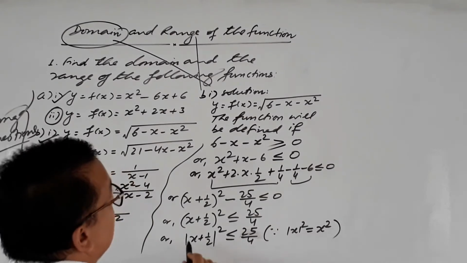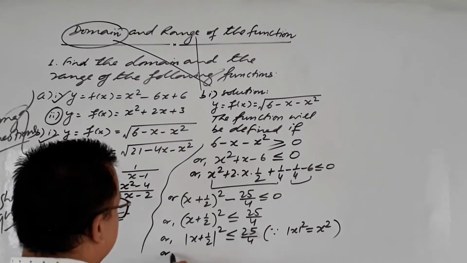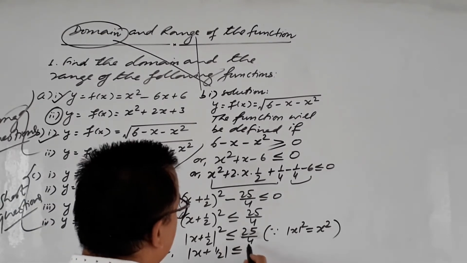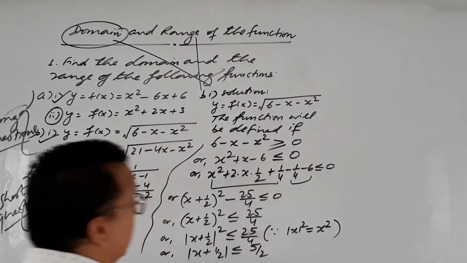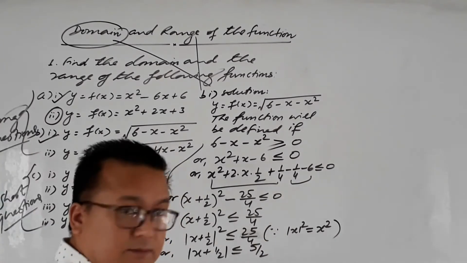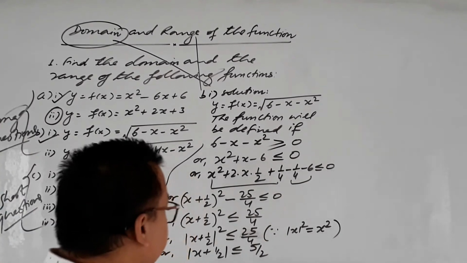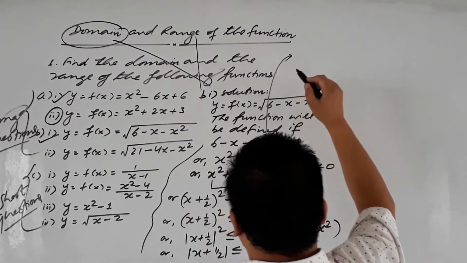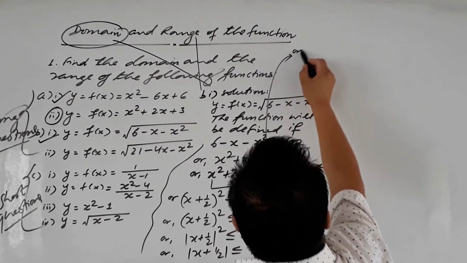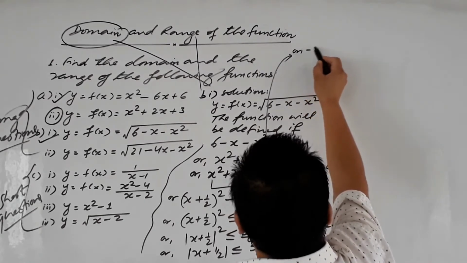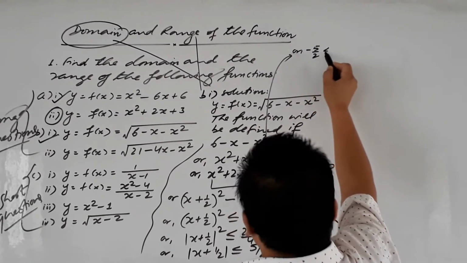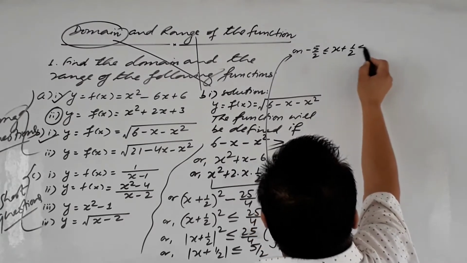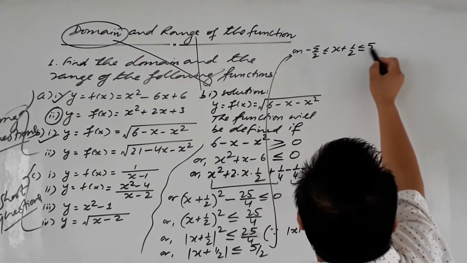After this we can write the absolute value of x plus 1 by 2 less than or equal to 5 by 2, because 25 by 4 means 5 by 2 whole squared. So let's write minus 5 by 2 less than or equal to x plus 1 by 2 less than or equal to 5 by 2.